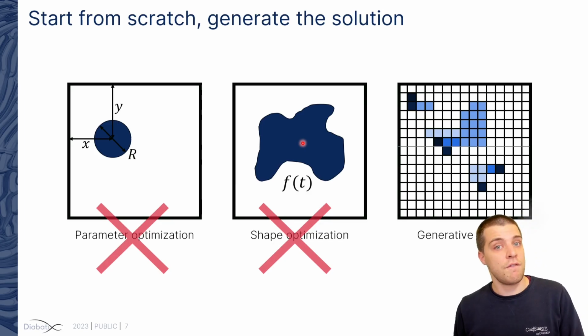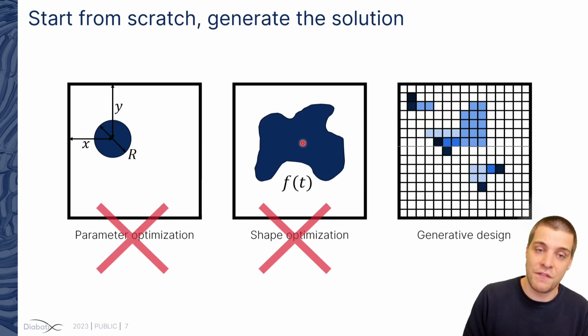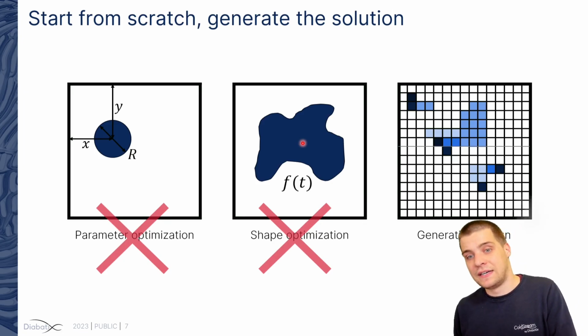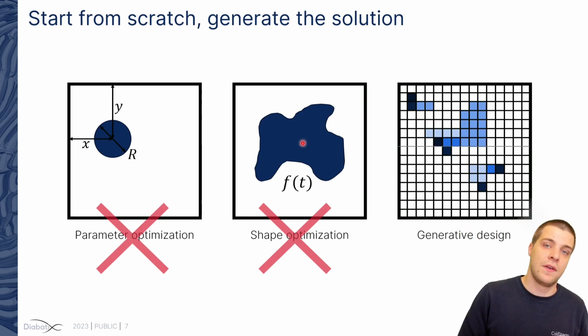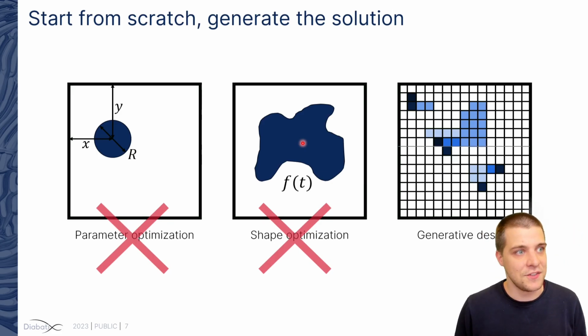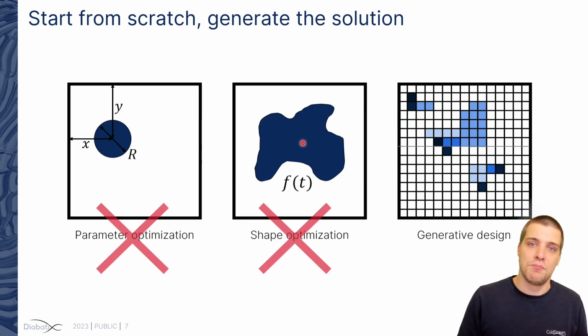So the final output mustn't necessarily be something conventional. It can be something organic. But the only limitation is your final design is very much dependent on your initial design. There are some smart things that you can do with seeding, for example, to generate cavities and new structures, but it's already quite advanced.